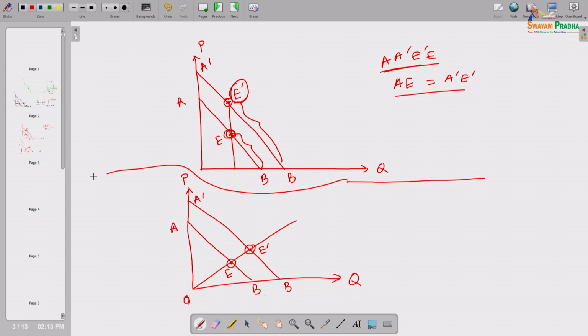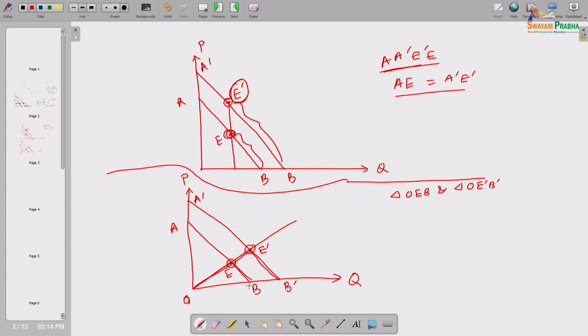You can easily understand that two triangles, OEB and OE'B' (this is B prime), are similar, because one triangle is this, another triangle is this, and EB and E'B' are parallel to each other.